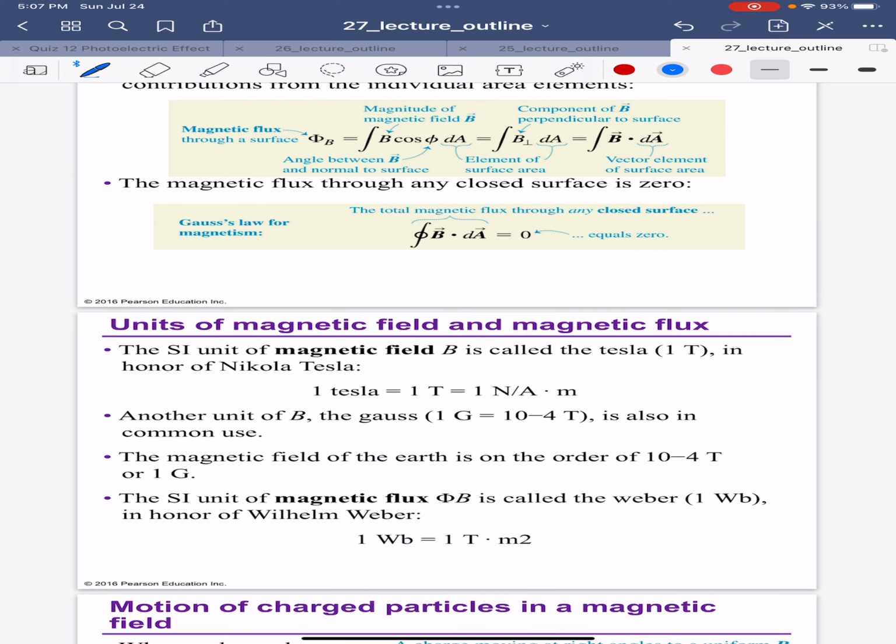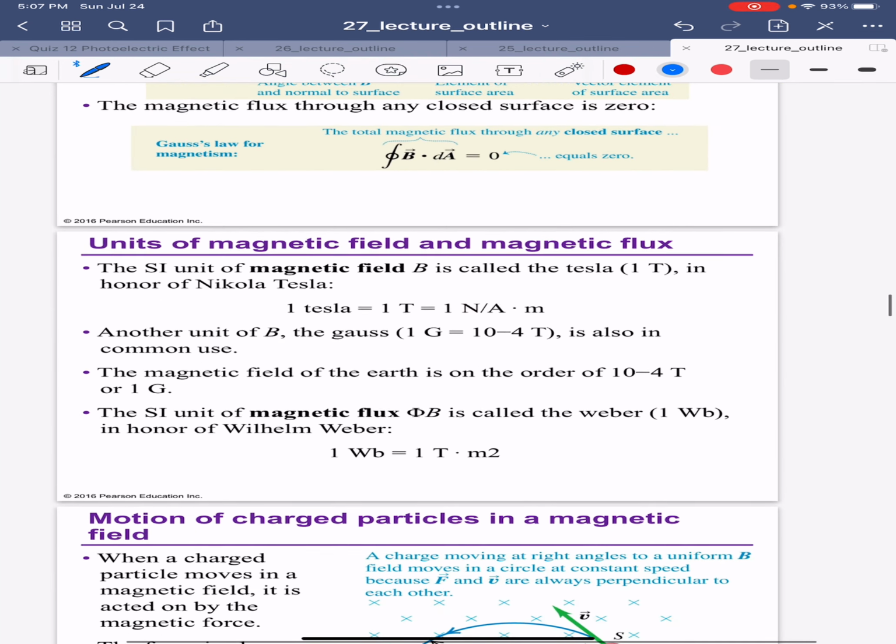The magnetic field of the Earth is on the order of 10 to the negative 4 Tesla, or 1 Gauss. The unit for the magnetic flux, phi B, is called the Weber, and 1 Weber is Tesla times square meters. I'm going to stop here, and then I'm going to record another one.